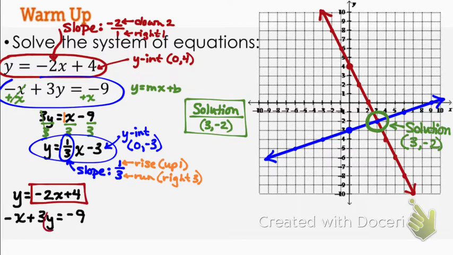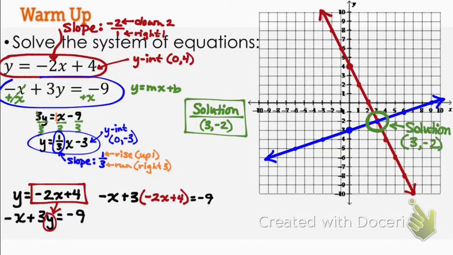So down in the bottom equation, we're going to call y off the field. We're going to sub in all of this. So I would have negative x plus 3, and then in place of the letter y, I would have negative 2x plus 4 equals negative 9.